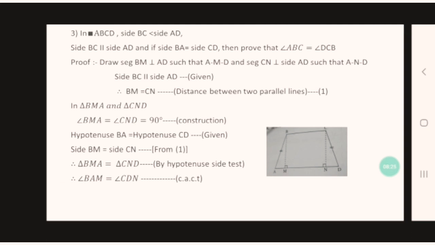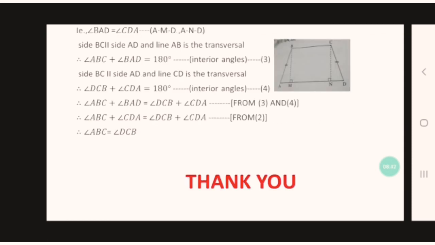From here we come to the conclusion that angle BAM is equal to angle CDN. Right? Now as they are equal, we have to move on to the next part of it. Corresponding next part is angle BAD is equal to angle CDA, right? The same thing, but we have extended the line segment.